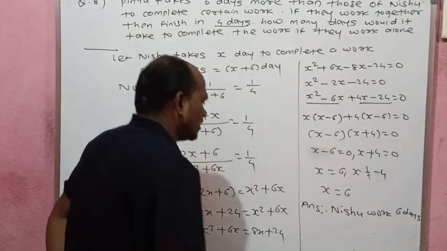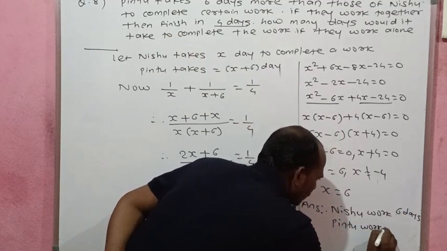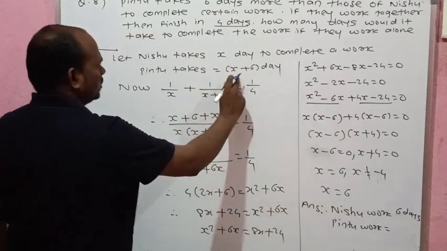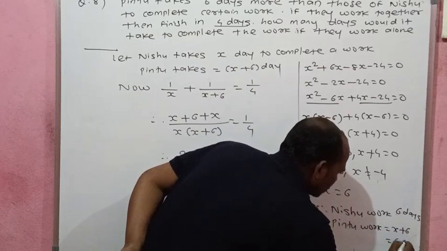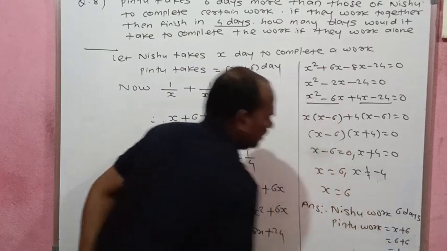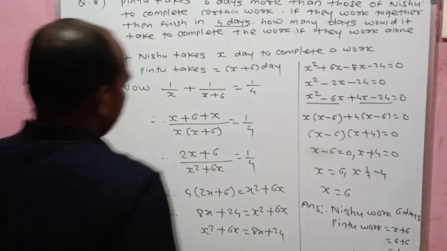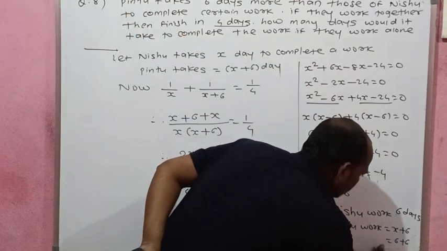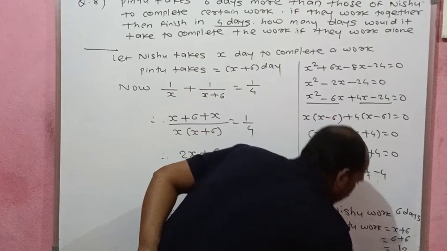And Pintu's work is equal to x plus 6, that is 6 plus 6, that is 12 days. The value of 6 plus 6 is equal to 12 days.